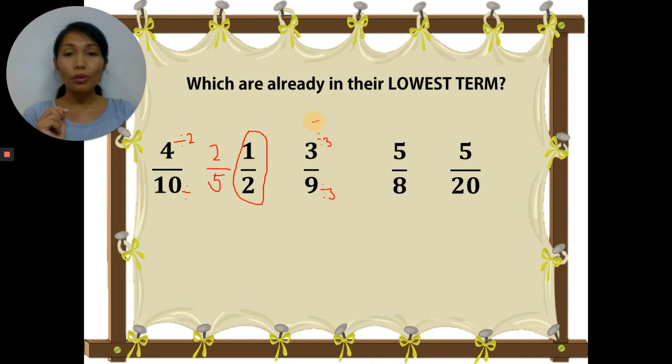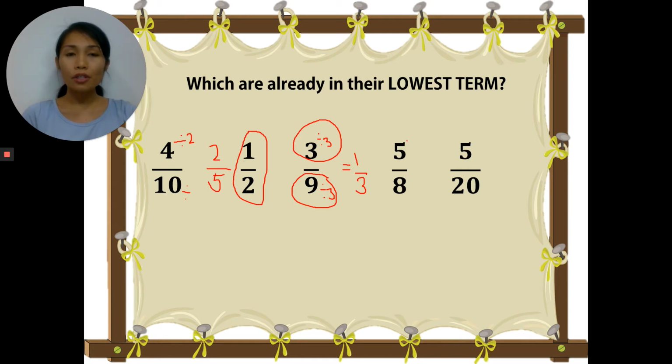Remember, whatever factor you use with your numerator, you use the same with the denominator. So the answer is 1/3. 9 divided by 3 is 3. So the lowest term is 1/3. So 3/9 is not yet in lowest term. How about 5/8?